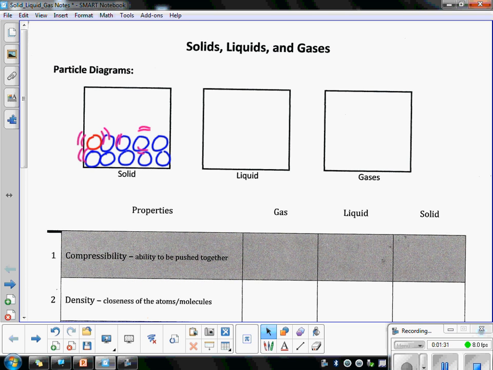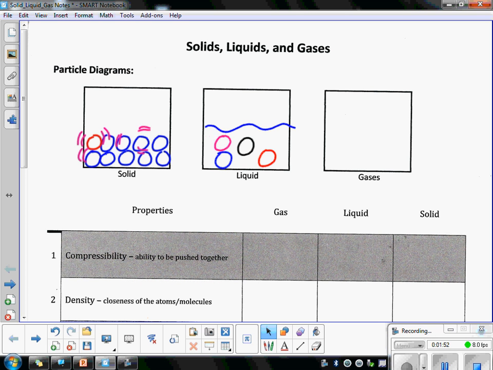A liquid, well, in the liquid, there's a defined volume, right? It's only going to take up a certain amount of space, but these particles are spaced out a little bit more, and because of that, it allows them all to move around.